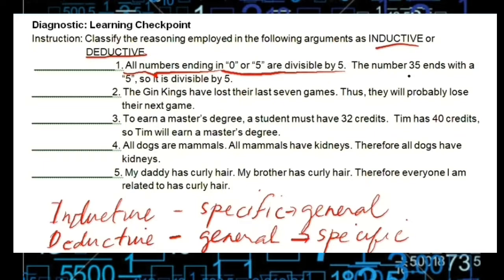Then afterwards, nagbigay siya ng specific example, 35. Sa dami ng number na madidivide sa 5, 35 lang yung binigay niyang example. So it means, if you start with a rule followed by a specific example, rule to example, the answer will be deductive. So it is deductive.